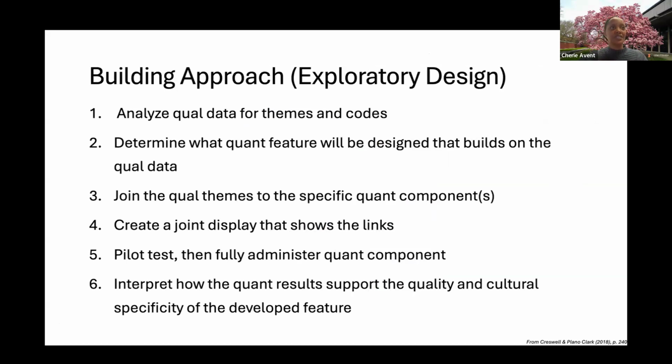And so the intent of this building approach is thinking about how your qualitative data analysis is going to help you build your quantitative component that you will then use within the second phase of your study. Excuse me. And so Creswell and Plano Clark explained the building approach through 6 steps.